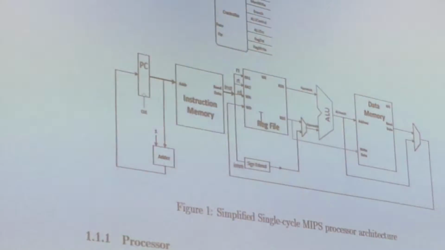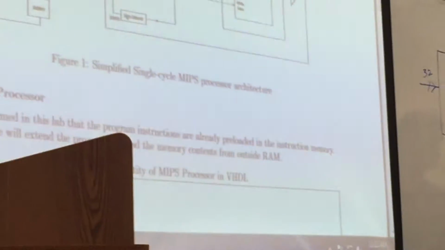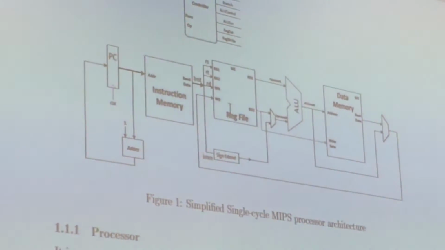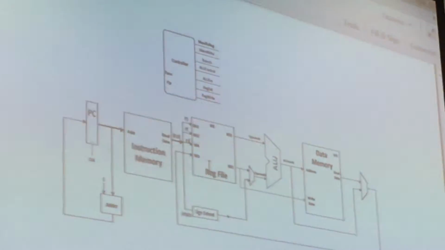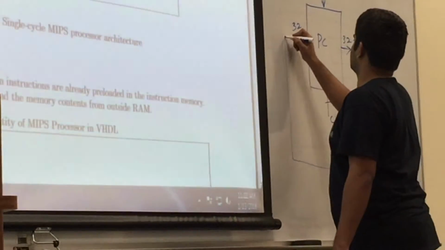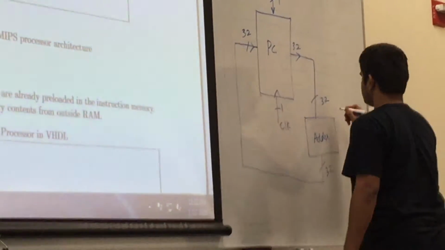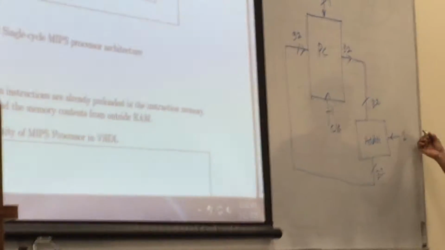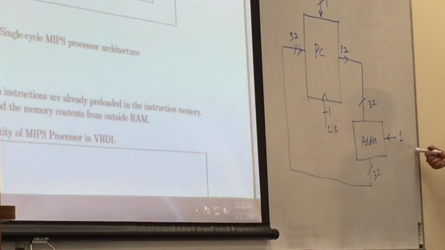So this will go into the adder. And the output of the adder will be 32 bit, and you will be adding 1 every time.